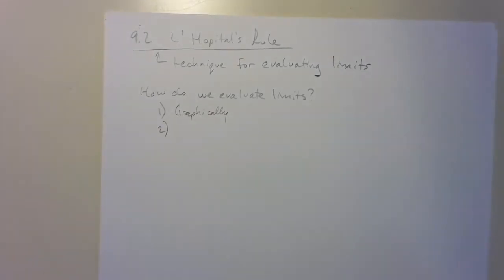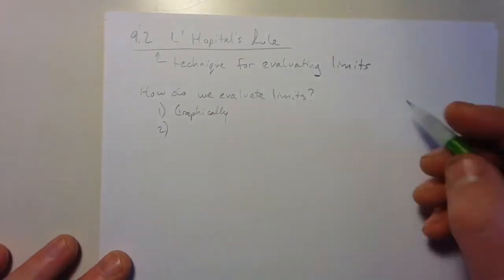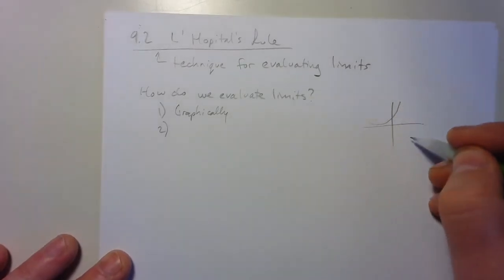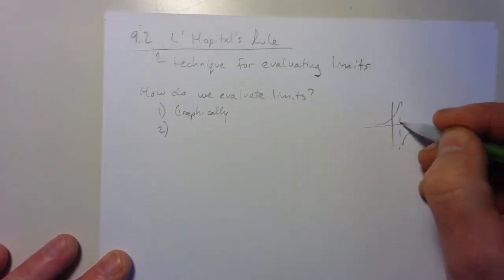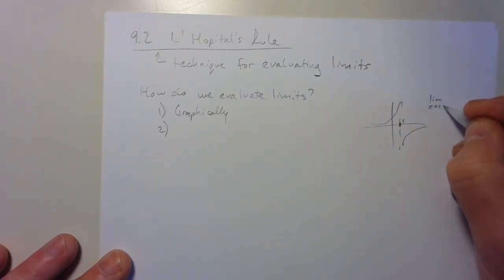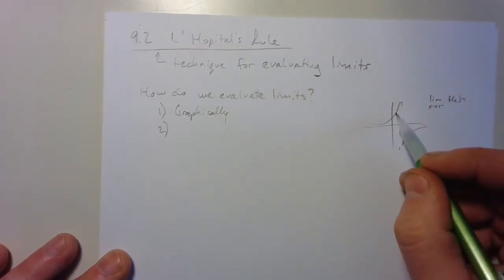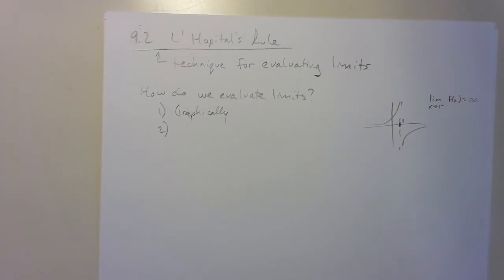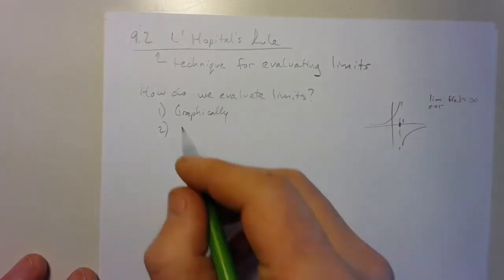If you have a graph given to you, just try to trace it to where it's going to be. So if you had something like this, and we know the x value is 1, and it said find the limit as x approaches 1 from the left side of this function, you would just trace from the left side of 1, and you say, oh, it's approaching infinity. So remember that's graphically.